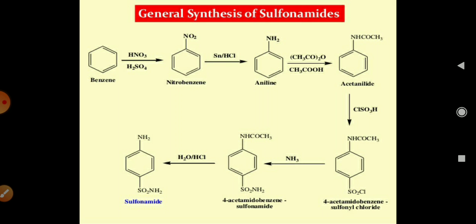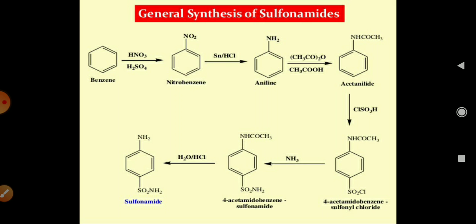Now the general synthesis of the sulfonamide. Here you can see the benzene ring treated with HNO3 and H2SO4 to give nitrobenzene, and on reaction with Sn and HCl it will give aniline.